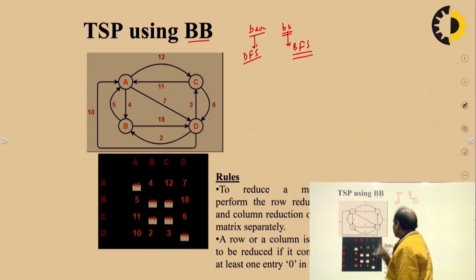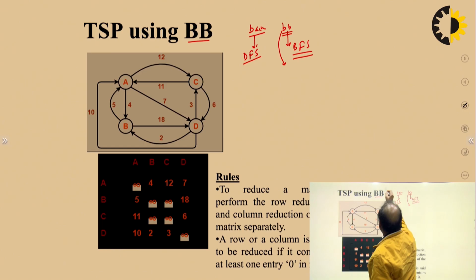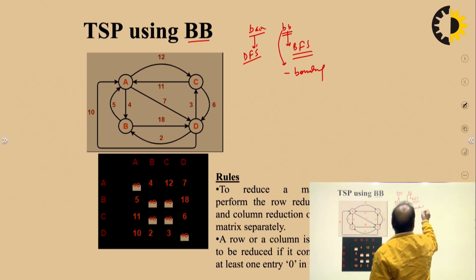It uses many optimization criteria, and as its name suggests, a bounding function to kill nodes. It also uses the least cost search method to kill nodes.